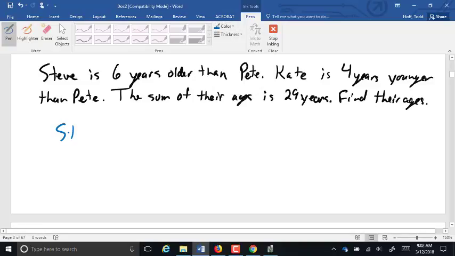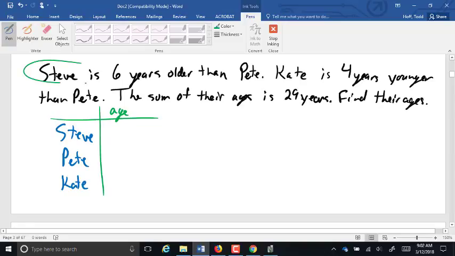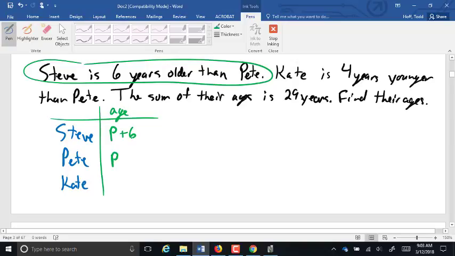Well, we've got Steve, Pete, and Kate. I'm going to represent their ages. Steve is 6 years older than Pete. So if I let Pete be P, Steve is P plus 6. Now it's convenient here, Kate also references Pete.